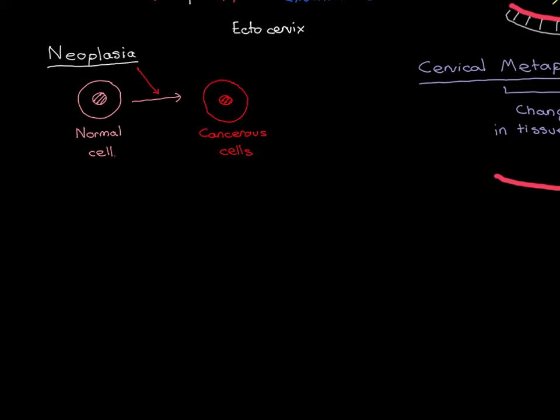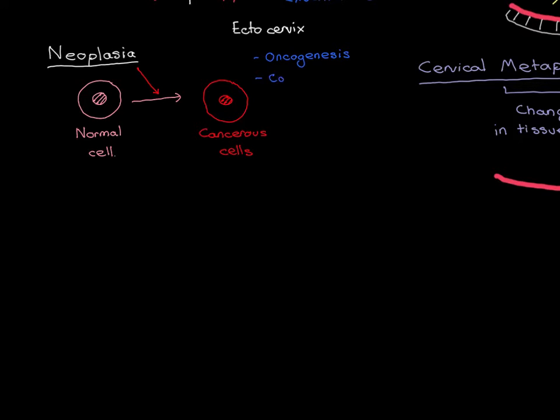Now, there are loads of other terms that you can use besides neoplasia for this process by which a normal cell can give rise to many cancerous cells. So let me just write some of those other ones down. So we also have oncogenesis, so this word makes complete sense. Onco means pertaining to cancer, genesis means to create, so this means creation of cancer.